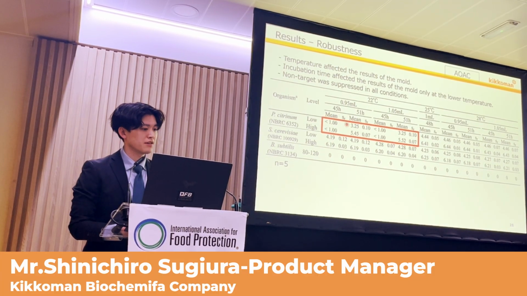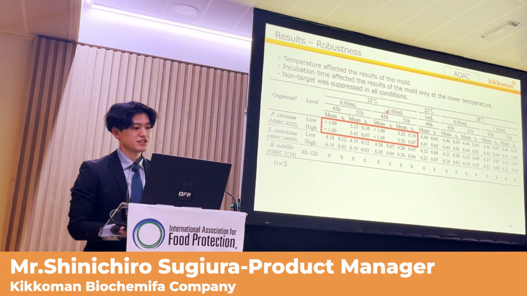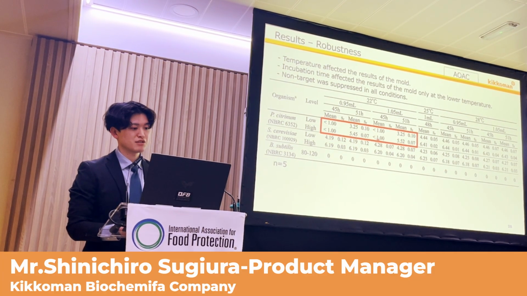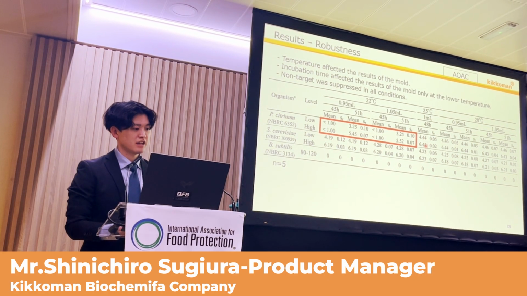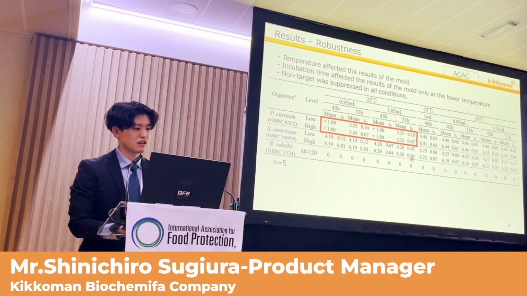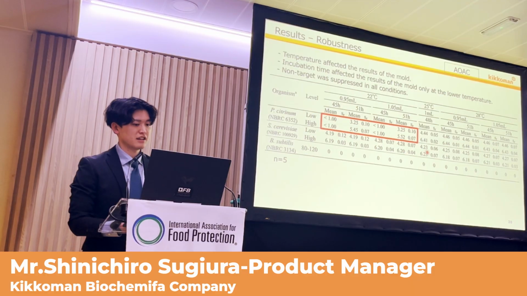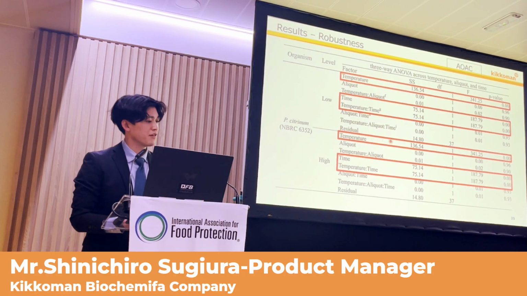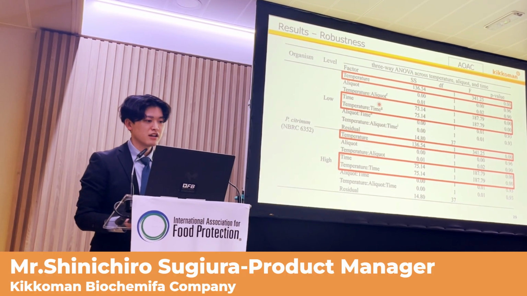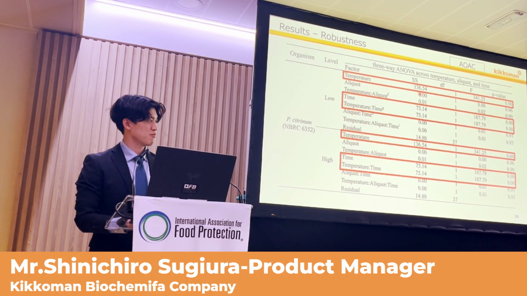And for the Penicillium stolonifer, at lower temperature, it produces much less colonies compared to the nominal condition. And besides that, similar results were observed in any conditions. And a three-way ANOVA was also performed.